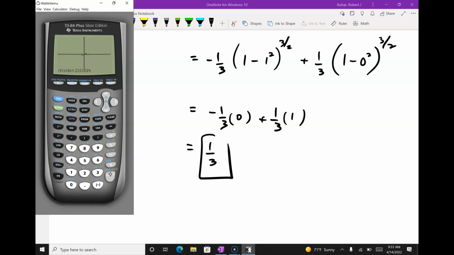I guess it's just the calculator is too dumb. It's the only thing I can think of. Anybody get 1/3?